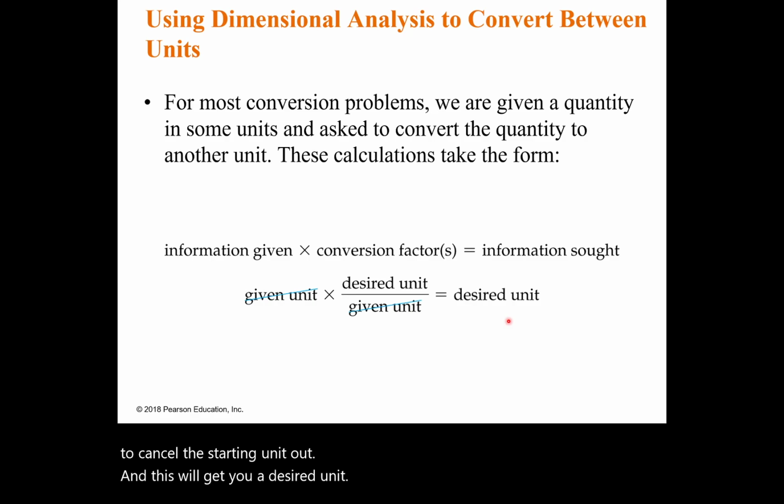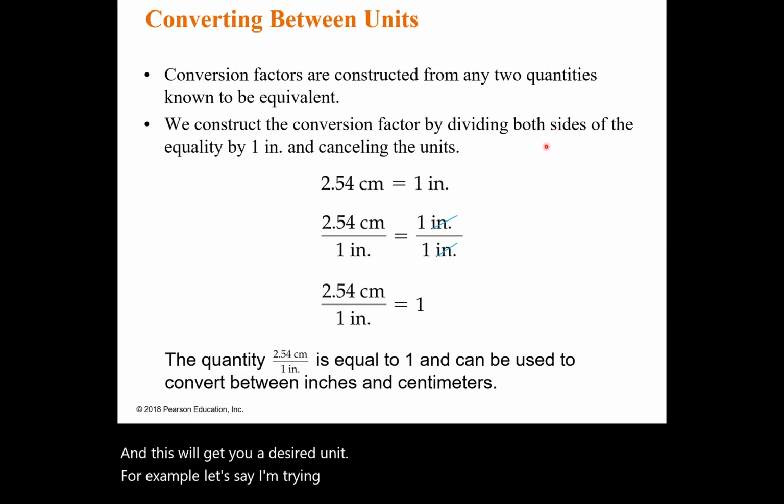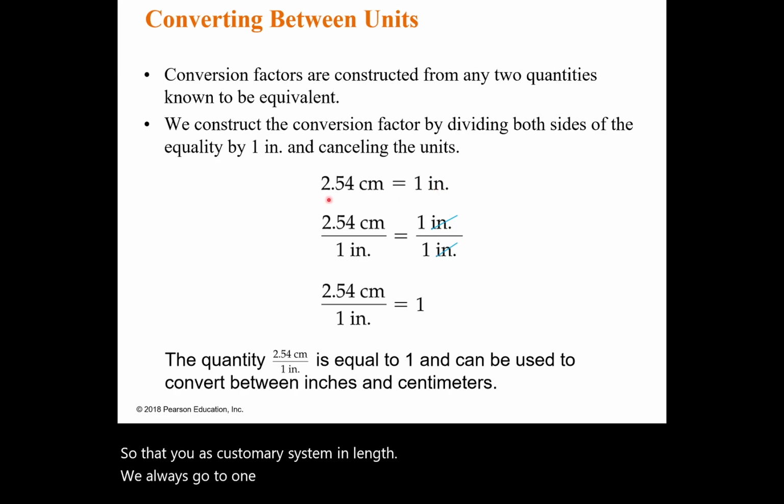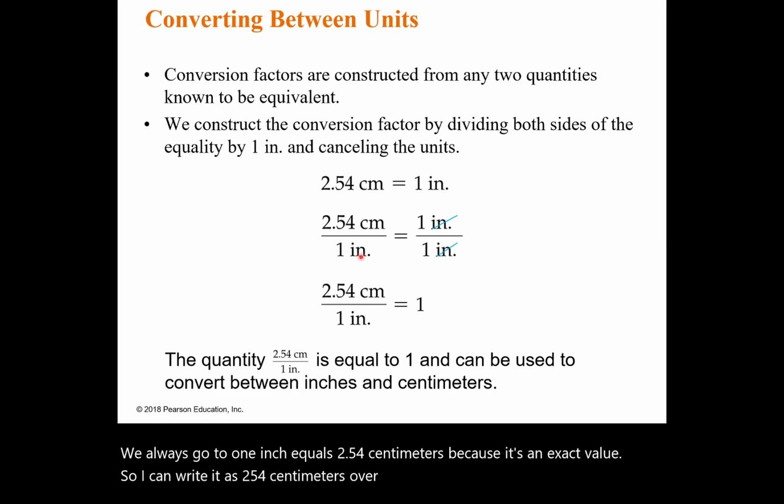For example, let's say I'm trying to convert between the metric system in length to the US customary system in length. We always go to 1 inch equals 2.54 centimeter because it's an exact value. So I can write it as 2.54 centimeter over 1 inch. That's equivalent to 1.